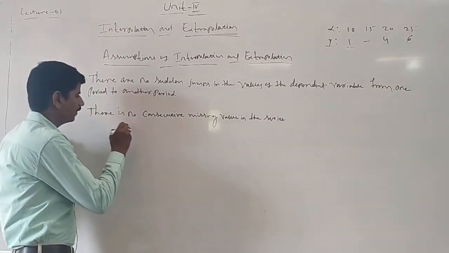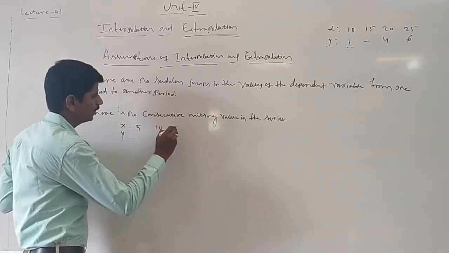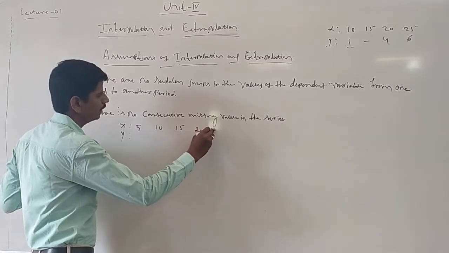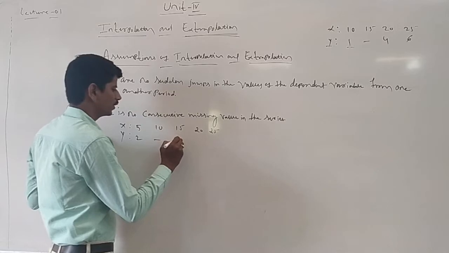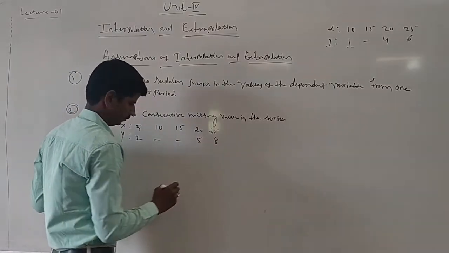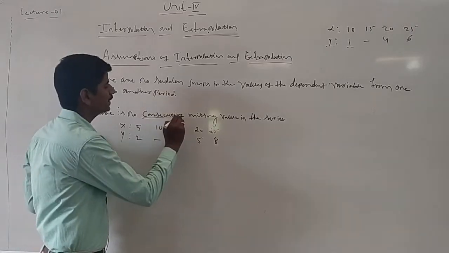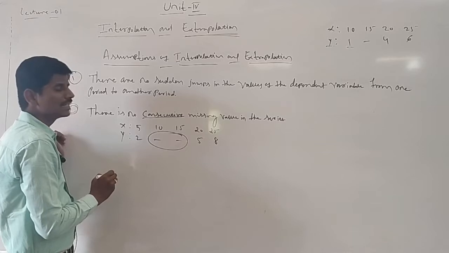For example, x takes the values 5, 10, 15, 20, 25, with respect to y values 2, dash, dash, 5, 8. See here, consecutive means one by one. There are no consecutive missing values in the series.